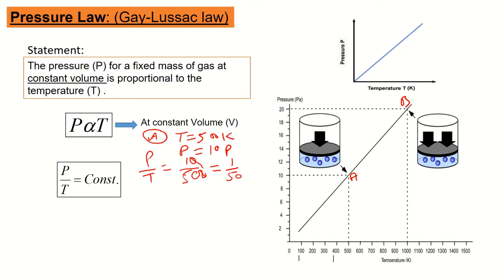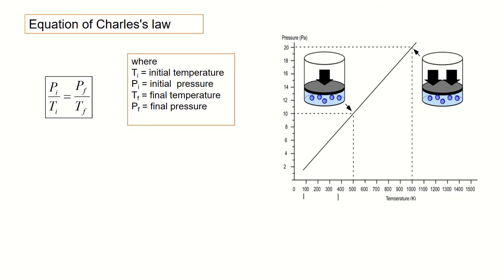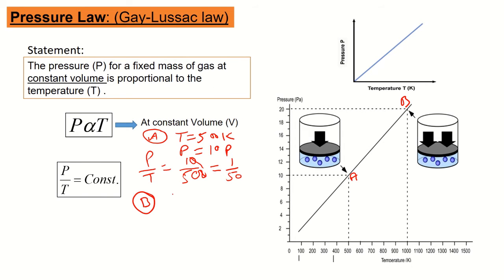Now take the point B. At this B point, the temperature value is 1000 Kelvin, and the pressure value is 20 Pascal.